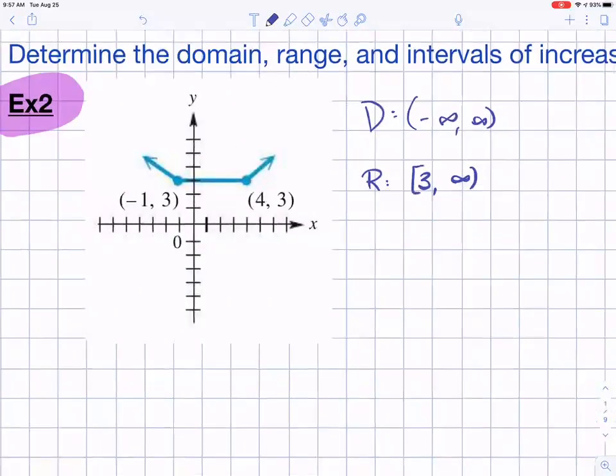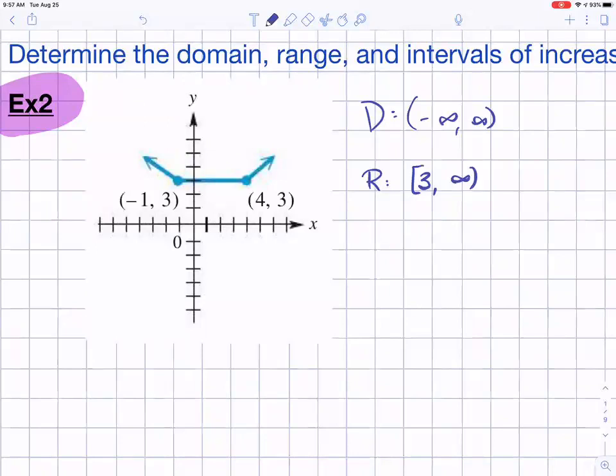Okay, so I have to use X values. I have to work from left to right, and I have to use intervals. So let's start back on the left. I know my domain begins at negative infinity. As I work from left to right, what is my graph doing? Is it going downhill? Is it going uphill? Or is it staying the same? It's going downhill.